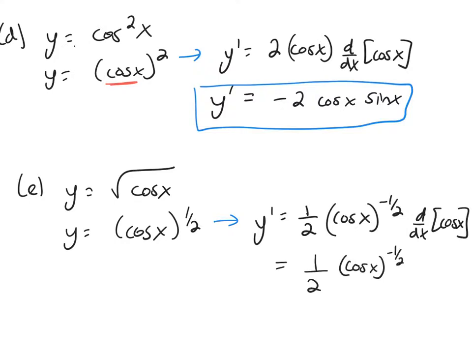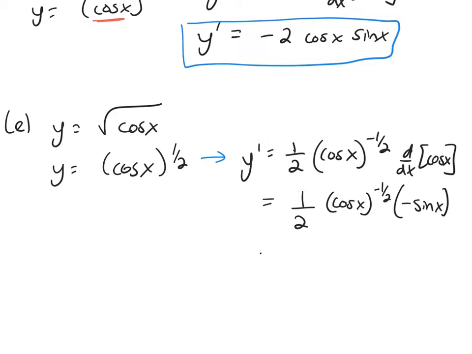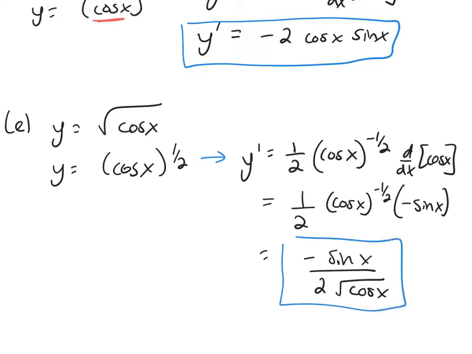The derivative of cosine is a minus sign. So you can leave it like that, or you could write it as minus sine x over 2 square root of cosine x. And there's my derivative.